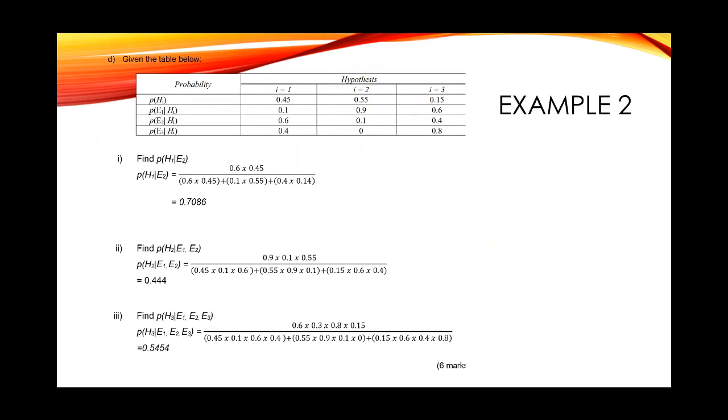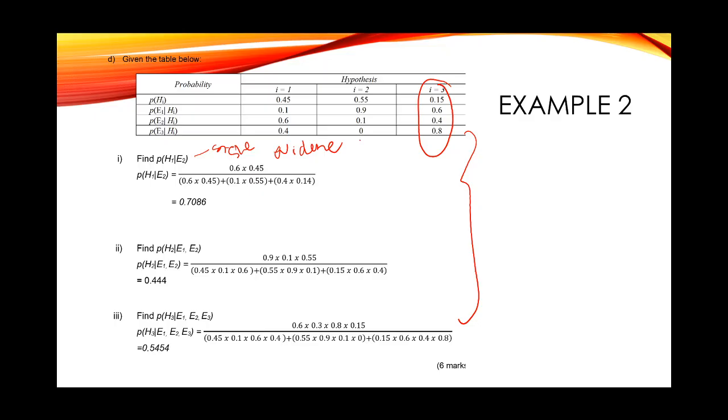Sometimes the question will be given this way. It is the same question, but you have to take a look at the formula and the table here. This is for single evidence. So for example, you have here three hypotheses. Previously you only had two hypotheses, whether the day is sunny or the day is rainy, but now you are going to have another hypothesis, for example this is called I3.